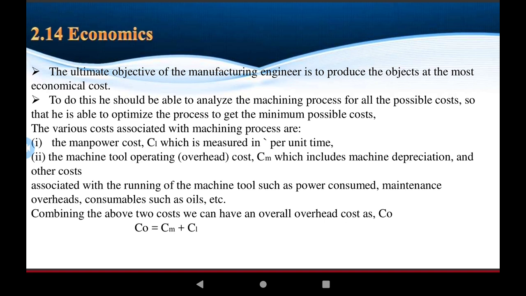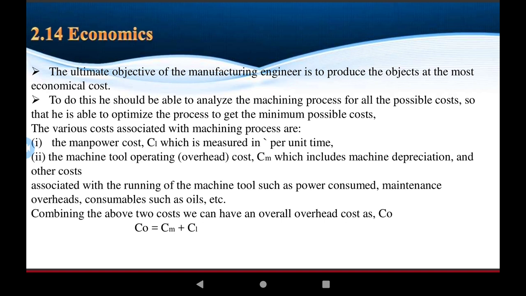Economics of the tools and industrial economics are factors for the operation. The ultimate objective of manufacturing engineering, in the application of the procedure, is to reach the most economical cost for industry and research.